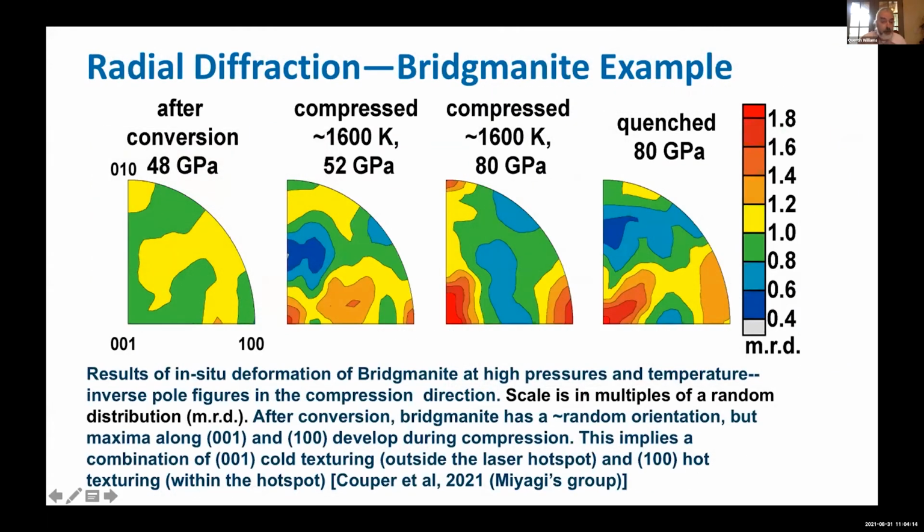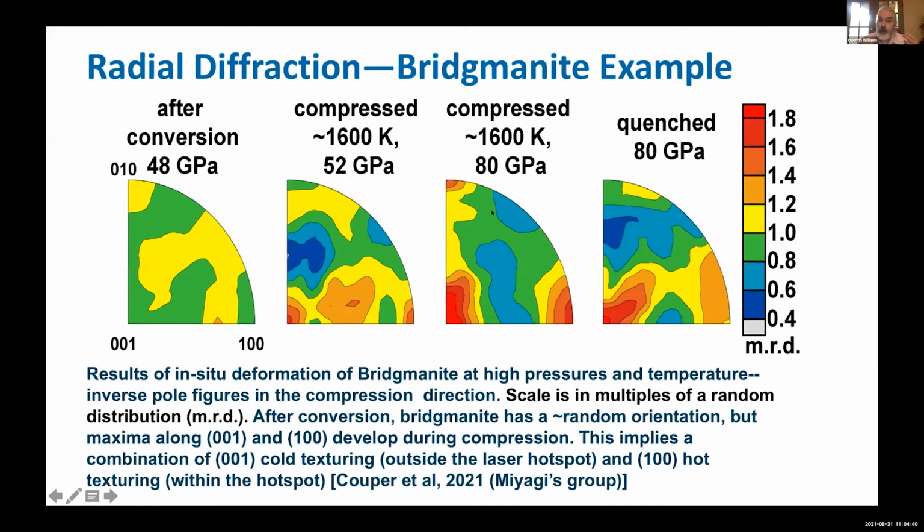Lowell Miyagi's group has heavily deployed this technique. He's worked on radial diffraction of bridgmanite, for example. And this is work by Samantha Cooper and his group. Again, these are inverse pole figures with the 001 direction down here, 100, 010. And again, these are indicating what grows in as you heat the samples at high temperature.